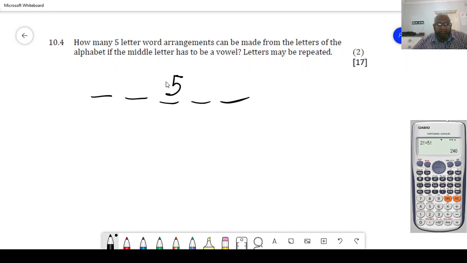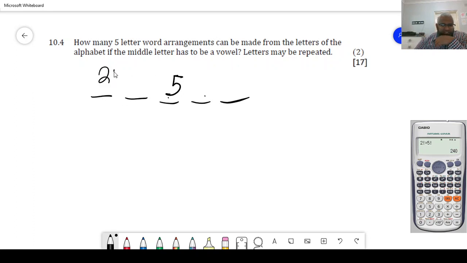Letters may be repeated. They didn't tell us that the other letters may not be vowels. That was a common error, because then the learner selects 26 letters in the alphabet, then they put 21 here, 21 there, 21 there, which is wrong, because they didn't include vowels in the other letters.